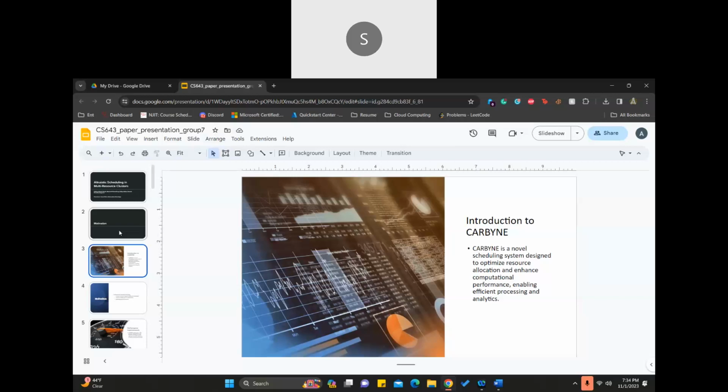Carbon is a novel scheduling system designed to optimize resource allocation and enhance computational performance, enabling efficient processing and analytics. Basically, Carbon is a tool that improves performance considerably. Looking at its average performance, it operates approximately 1.59 times faster than its counterpart.